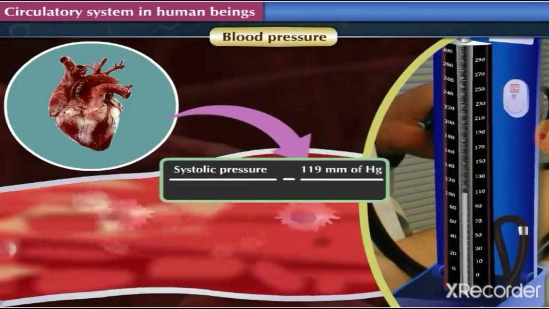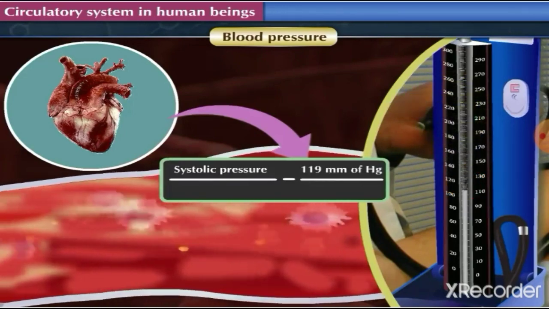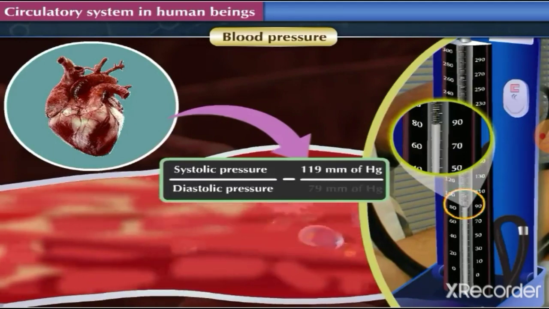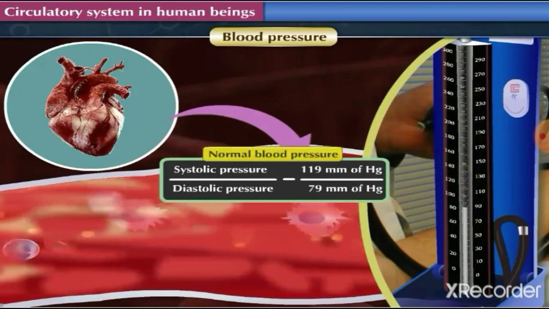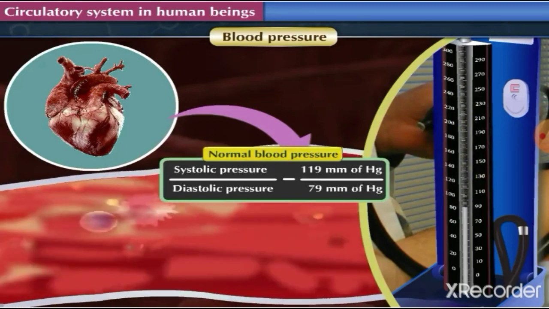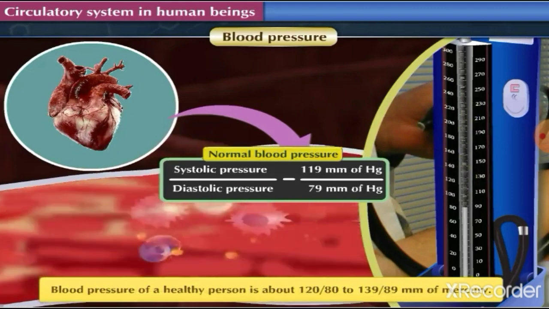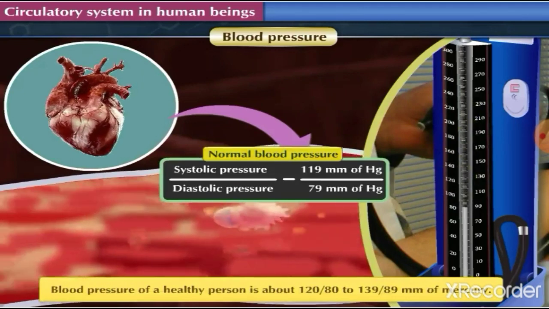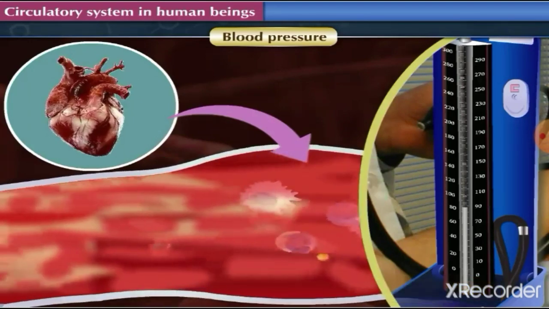When systolic pressure is between 90 to 119 millimeter of mercury and diastolic pressure is between 60 to 79 millimeter of mercury, blood pressure is considered to be normal. Blood pressure of a healthy person is about 120 by 80 to 139 by 89 millimeter of mercury.